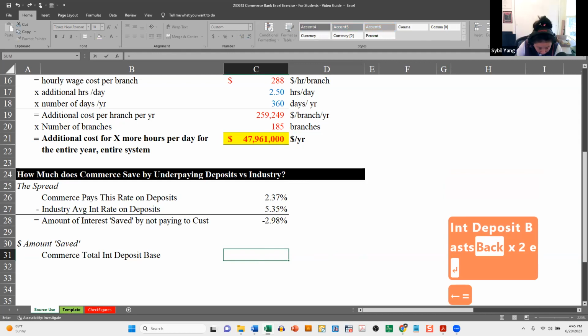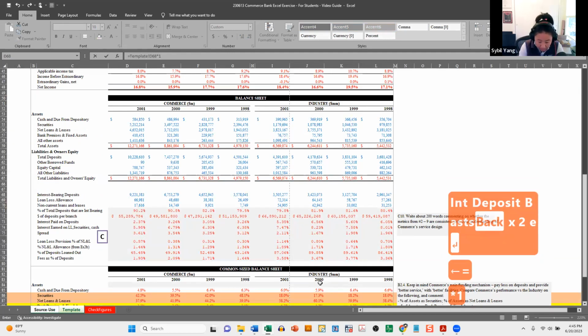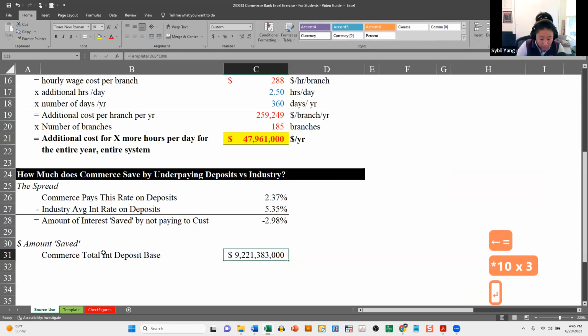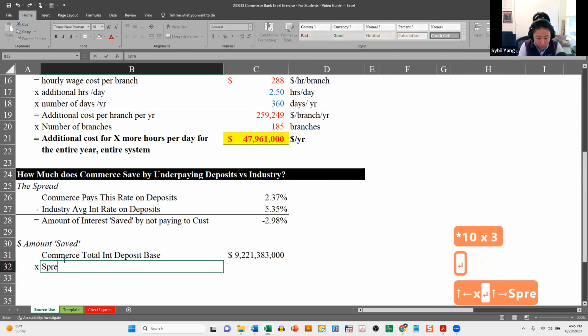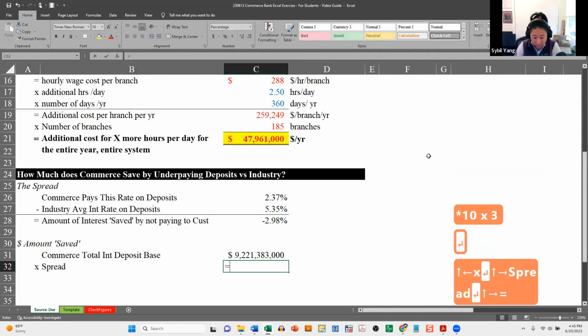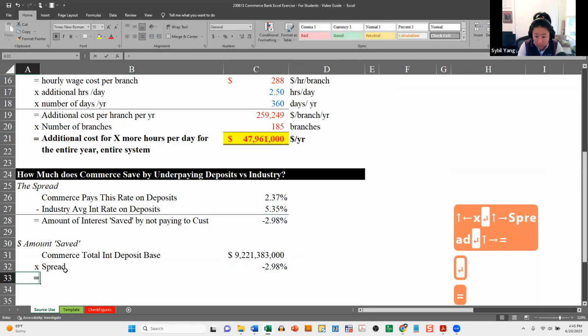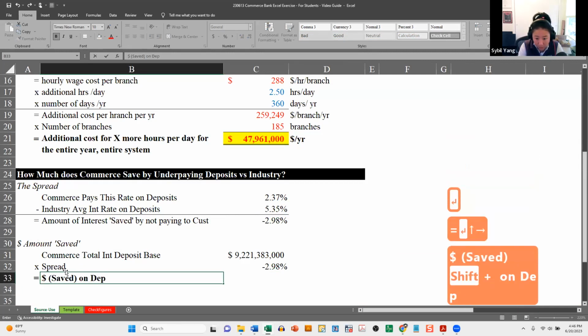And that is the interest-bearing deposits times 1,000. Okay. Times the spread, which is that, equals dollars saved on deposit interest paid.